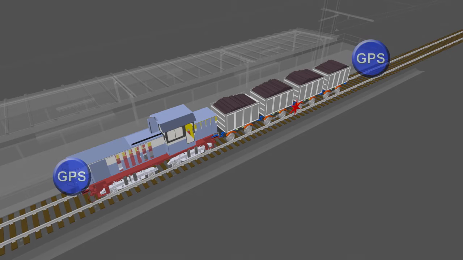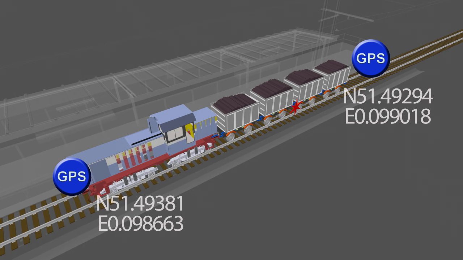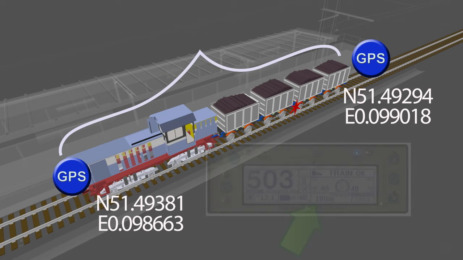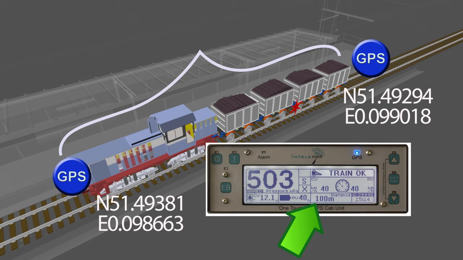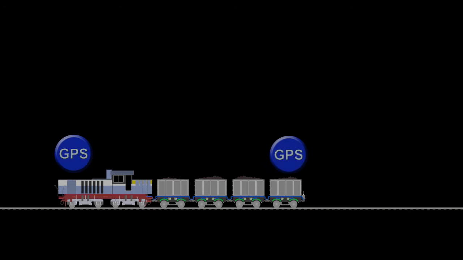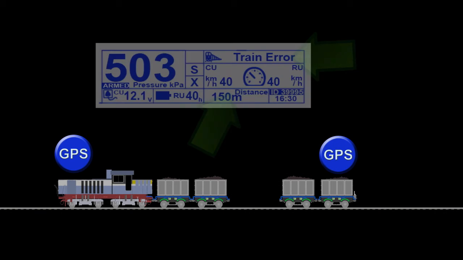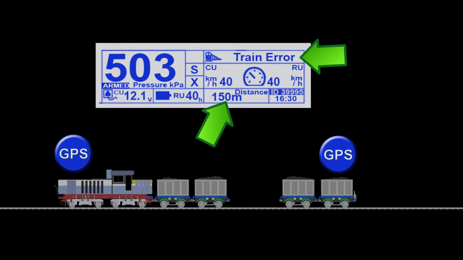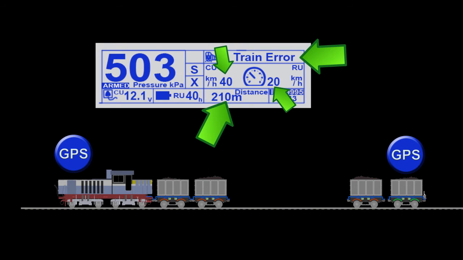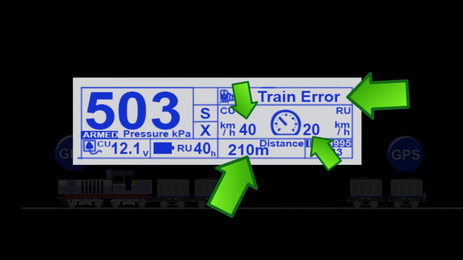So, by means of a GPS receiver in both the EOT and HOT, the train length can be determined before departure, and it is then displayed on the HOT. When the train length exceeds this value, the HOT will inform the driver. The HOT will also provide the driver with the speed of the EOT, as well as the speed of the HOT, and if there are any differences, the driver will be notified. All these notifications are aimed at ensuring train completeness.